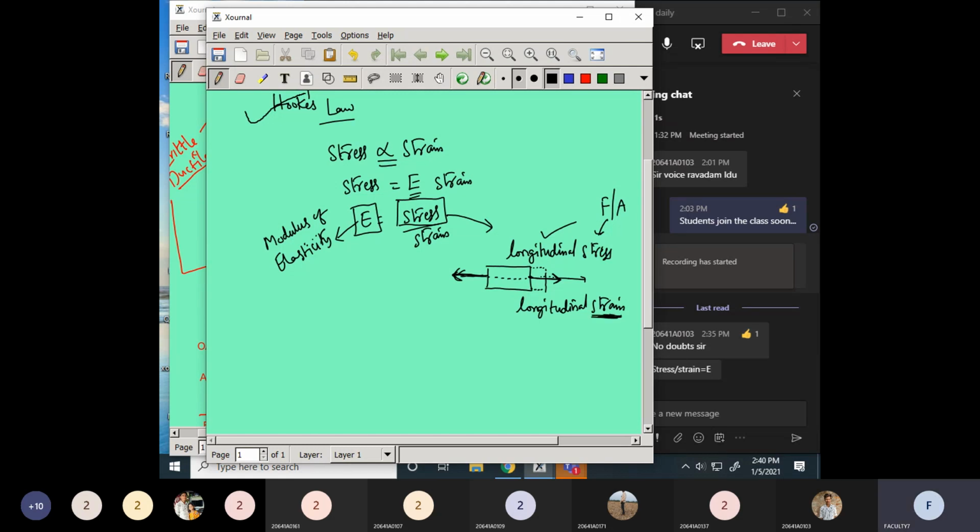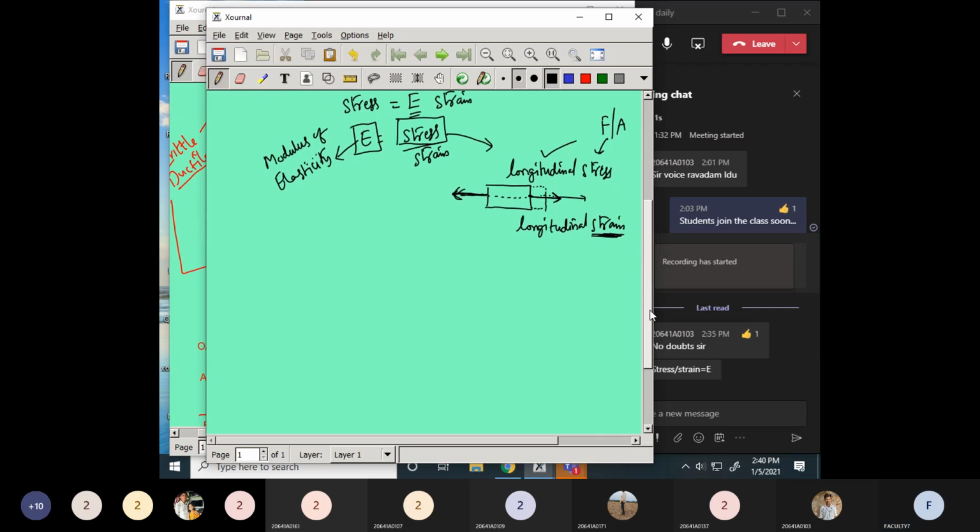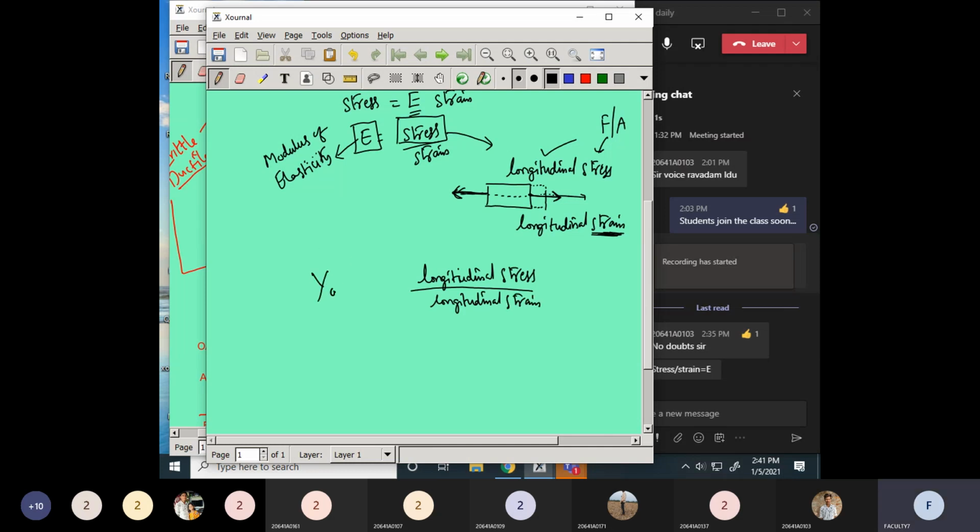So in this concept we are going to consider longitudinal stress by longitudinal strain. This was given by the scientist Young, so we consider this as Young's modulus.